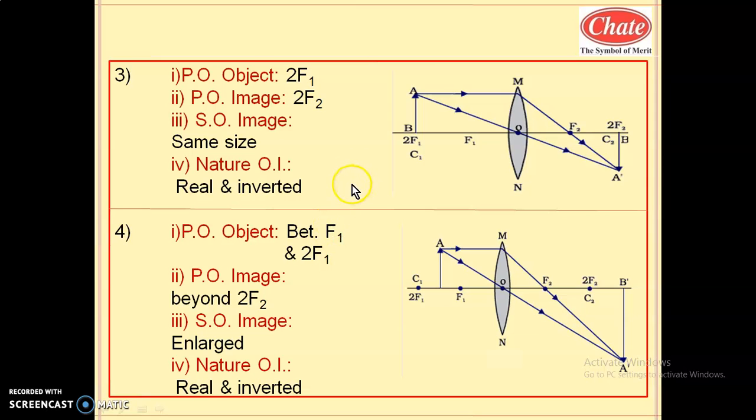Let us study the next, third possibility. Now position of the object is 2F1, that is C1. If the object position is 2F1 or C1, image will be at 2F2 or C2. It will be of same size. For this, again you have to use a similar procedure. Draw one horizontal line.